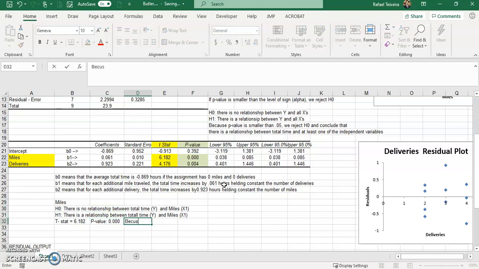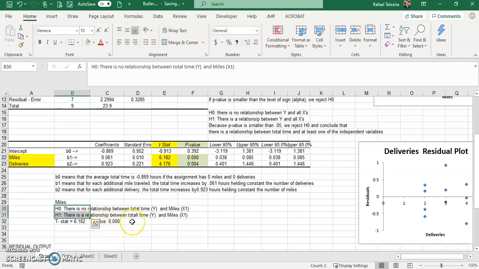Again, how do I make a decision here? I have to know what the level of significance is, our alpha. We don't have any alpha in the problem, so we assume that it's 0.05. If the p-value is smaller than the alpha level, which is 0.05, we reject the null hypothesis. So the p-value is smaller than 0.05.